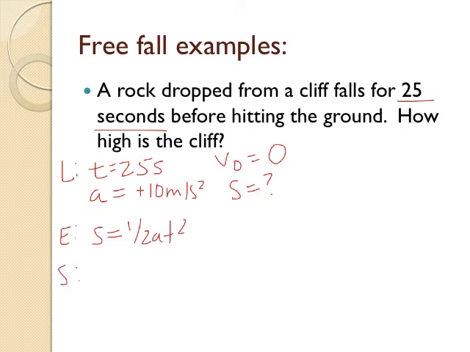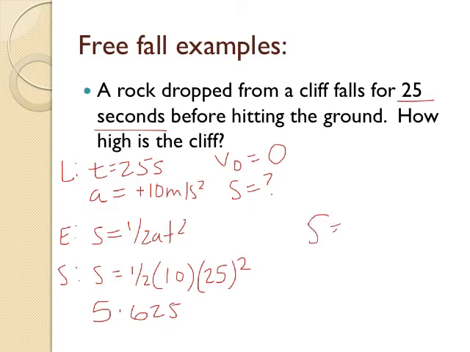If we substitute in our knowns, s equals 1/2 times 10 times 25 squared. 1/2 times 10 is 5, and 25 squared is 625. So 5 times 625 gives you s equals 3,125 meters, and our units are meters because we're solving for distance.